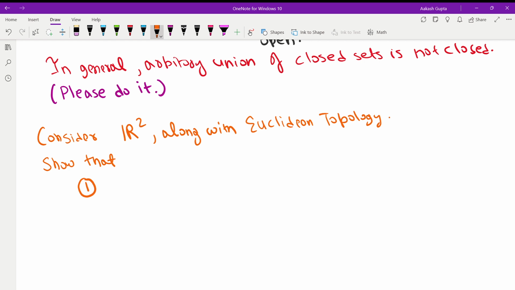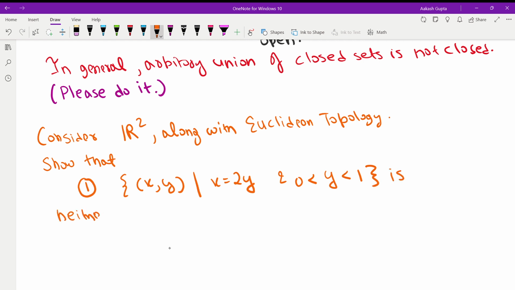number one, let us take something: the set of (x, y) such that x equals 2y and y strictly between 0 and 1 is neither open nor closed.